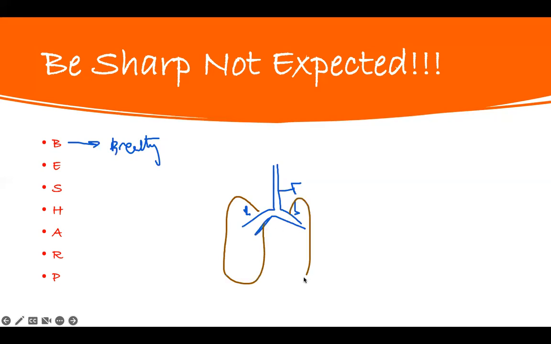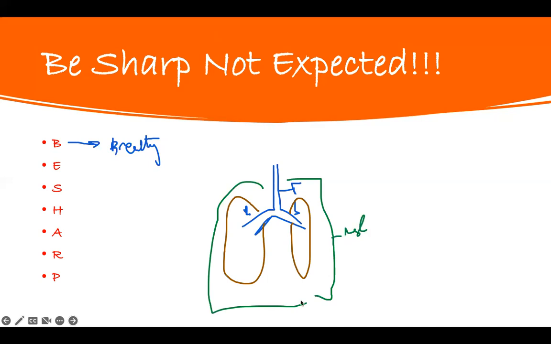You have a cage that surrounds the lung, with muscles that allow the lung to expand, like the intercostal muscles, your ribs, and then your diaphragm. These are all portions of your breathing system, and anything that affects them is a breathing problem.